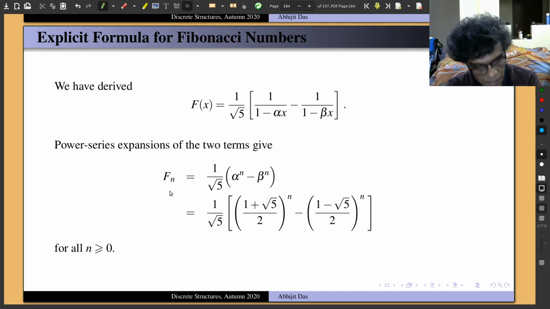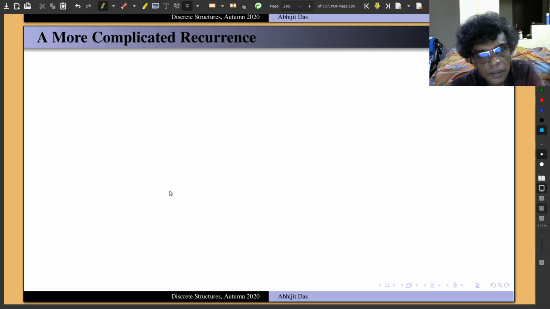So, in order to demonstrate this general methodology, I take a final and third example of linear recurrence, but it is more complicated because each term is dependent upon 3 previous terms, although in a linear manner. Moreover, this is non-homogeneous, so some extra term will be there.